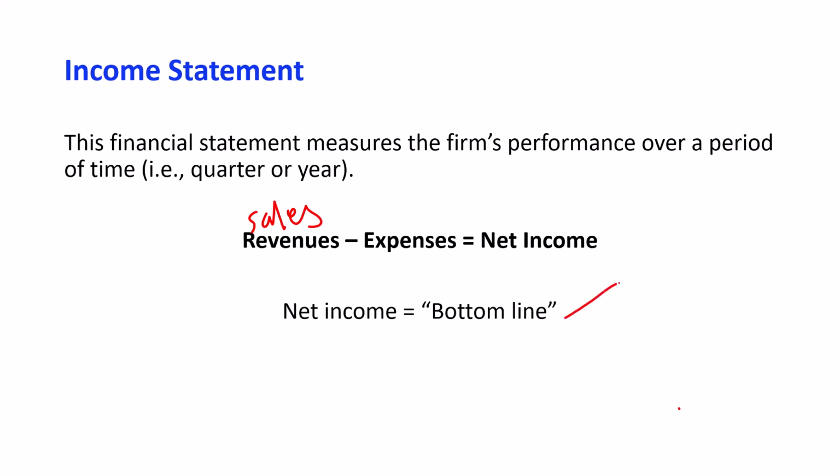And this net income can be used either to pay dividends to the shareholders of the company, or it can be retained within the firm. You can retain it to finance your future growth opportunities. So these are the two uses for the net income that you generate over a period.